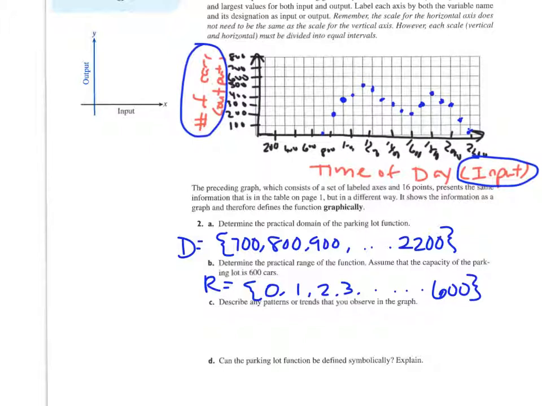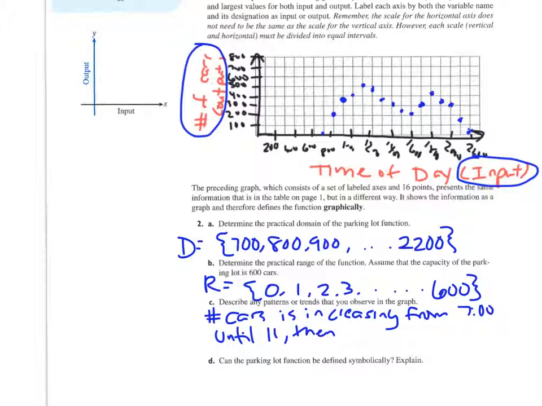I observe that it starts off low around 7 o'clock, and then the number of cars is increasing from about 7 o'clock until about 11, if I'm looking at that. Then it decreases and starts dropping until about 4 o'clock.